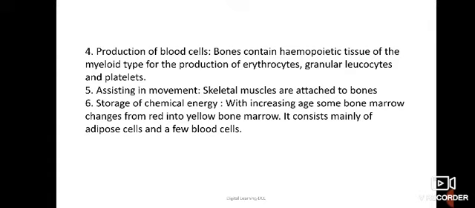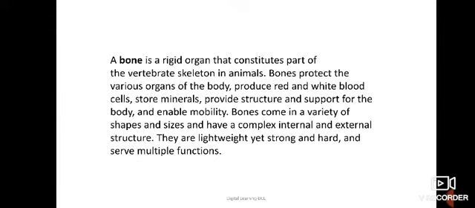And skeletal muscles, which are attached to the bones, by their action assist the movement of the body. With increasing age, some bone marrow changes from red into yellow bone marrow, which consists mainly of adipose cells and a few blood cells.